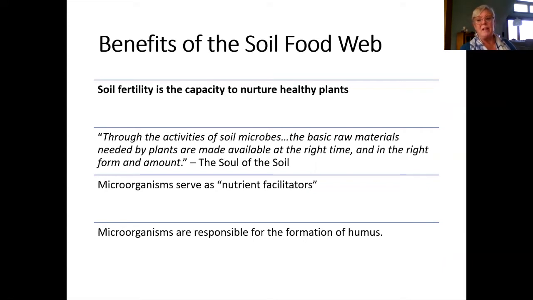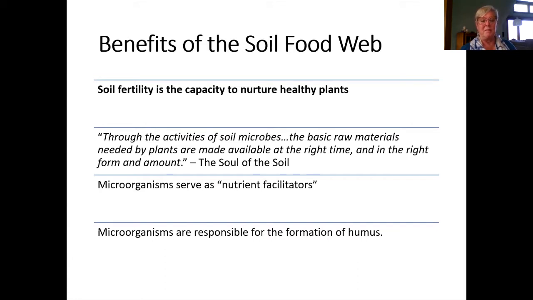So the primary benefits of the soil food web are, number one, your soil fertility. It does the work for you of making sure plants get what they need. Some great books. The Soul of the Soil is a fabulous book that's in layman's language.